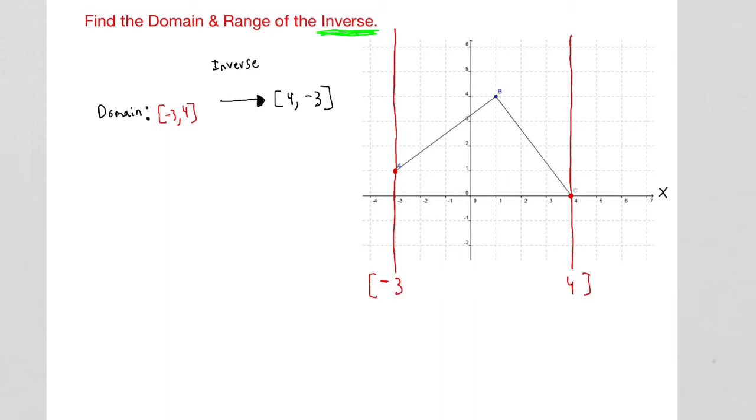We're going to play a similar game by obtaining the range of the inverse. For range, we have to observe the y values now, and we're going to read from bottom to top. So let me go ahead and label this y-axis.